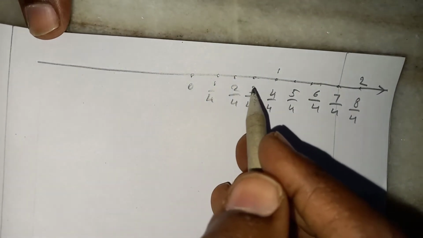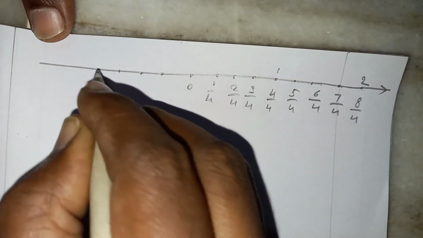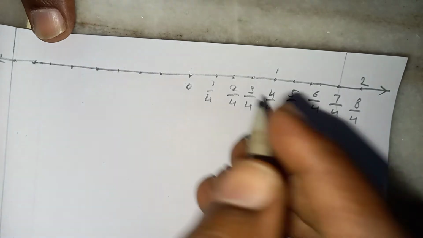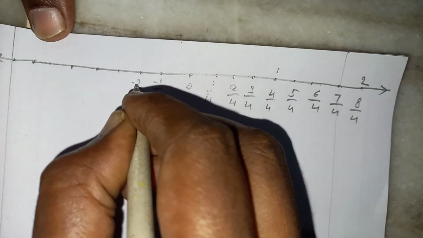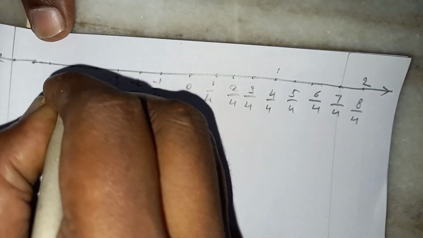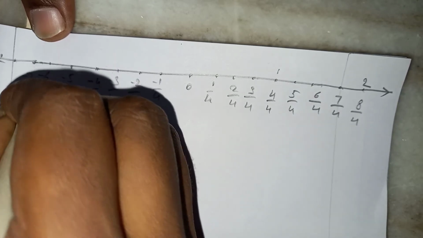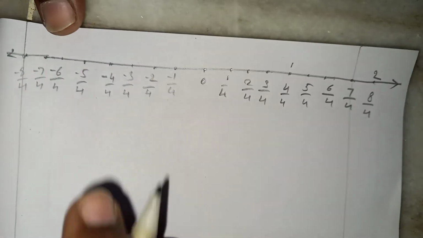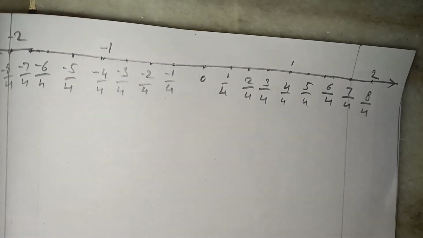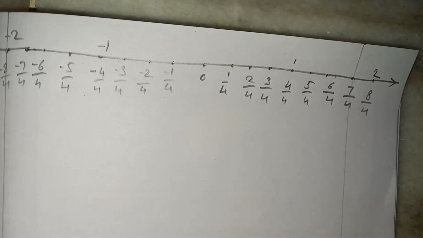It means I divided 1 into 4 parts. On the negative side: -1 by 4, -2 by 4, -3 by 4, -4 by 4, -5 by 4, -6 by 4, -7 by 4, and -8 by 4. And here also -4 by 4 means -1, -8 by 4 means -2. Understand? This is the way of representing numbers on a number line.